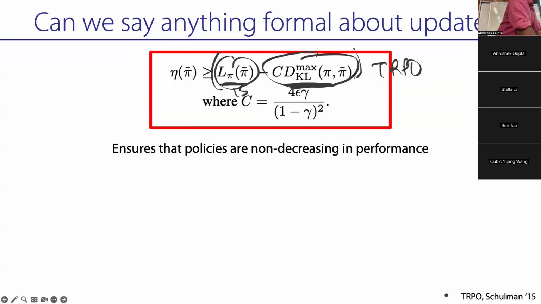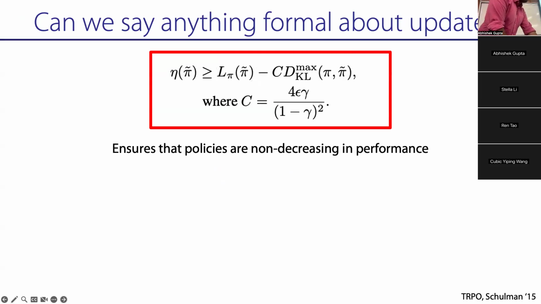What they're showing is that if you're optimizing the objective for TRPO, and this is the true performance of your policy, it's a lower bound. So if you maximize the lower bound, you're improving the performance of your policy pi tilde. The theory is a bit dense and a little painful to go through, but essentially this objective on the right is the TRPO objective, and it is a lower bound on the true policy performance.